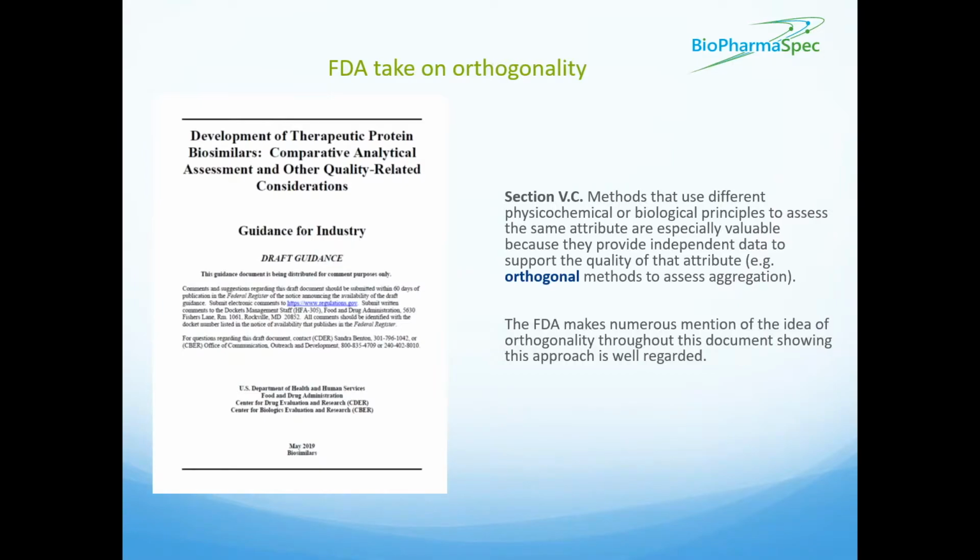Over and above that, if you look at the regulatory authority guidelines, the other thing that they are very keen on is this idea of orthogonality, and all of the guidelines talk about this. Now, orthogonality in these terms is simply the idea that the data from one type of analytical procedure will support the data from another type of analytical procedure.